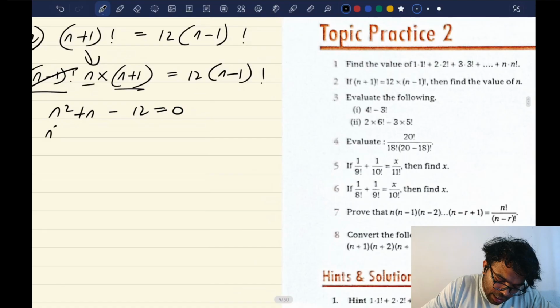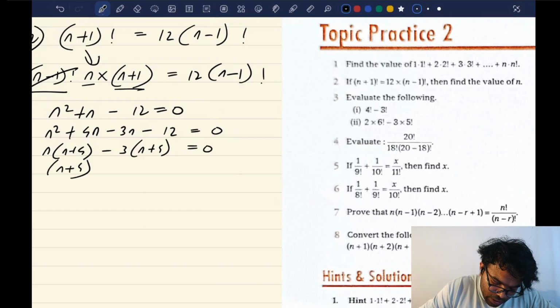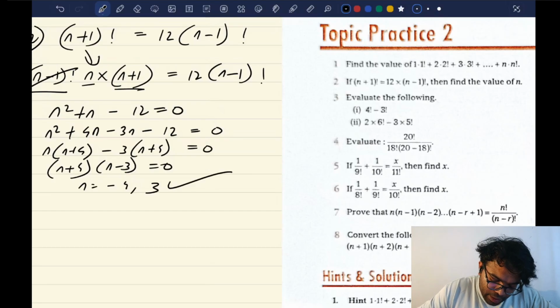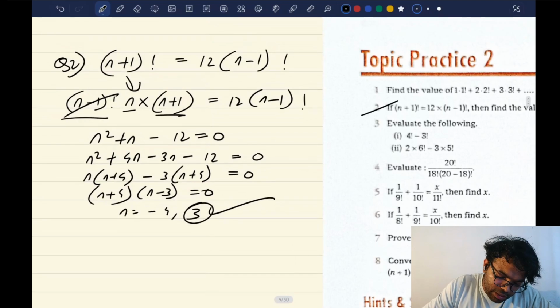So you will have n square plus 4n minus 3n minus 12 is equal to 0. n into n plus 4 minus 3 into n plus 4 is equal to 0. n plus 4 into n minus 3 equals 0. n is equal to minus 4, 3. n is equal to 3 is the answer. Clear? This was easy, right? Very good.